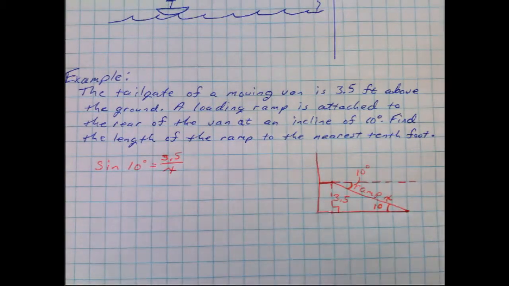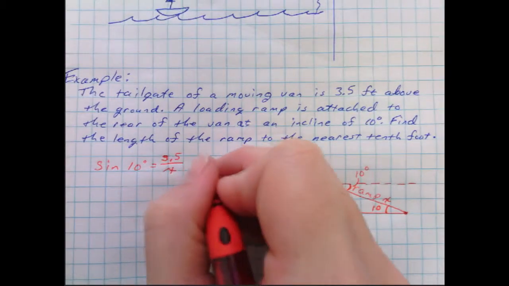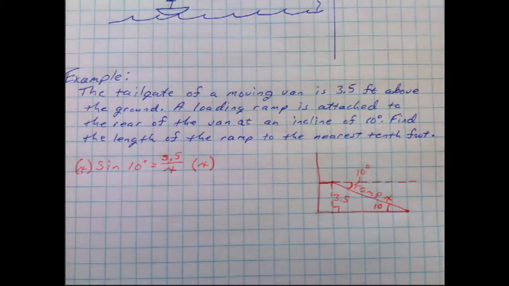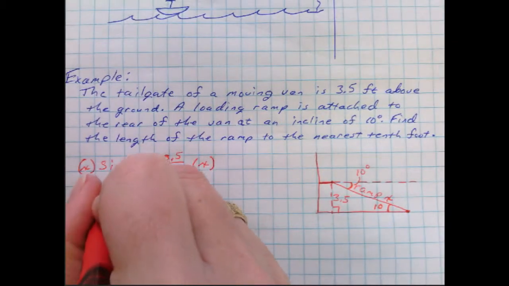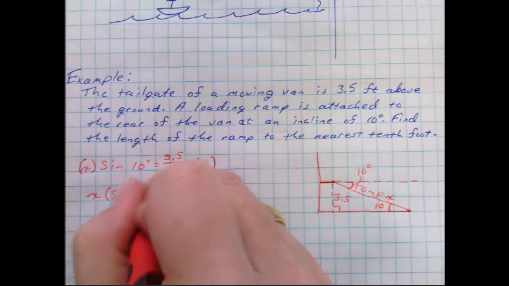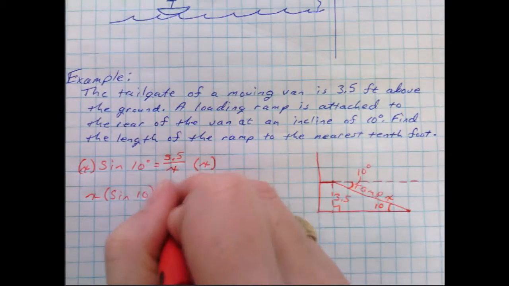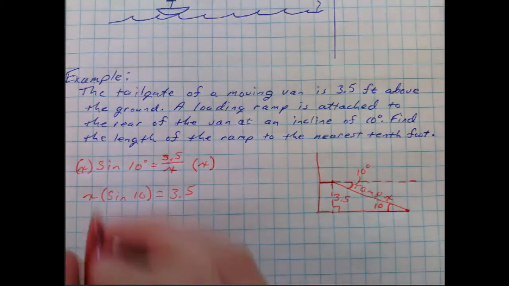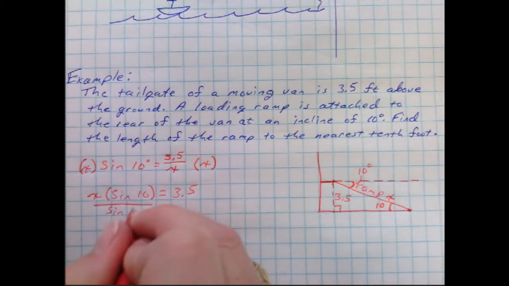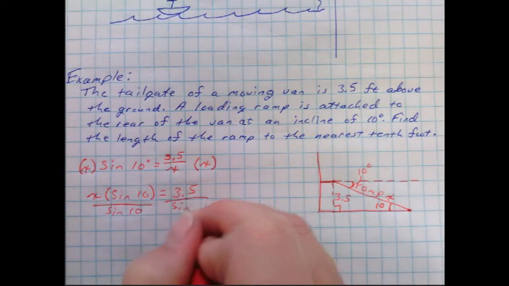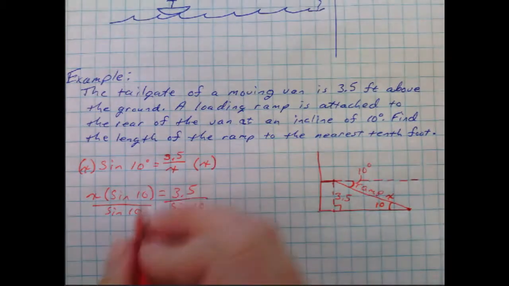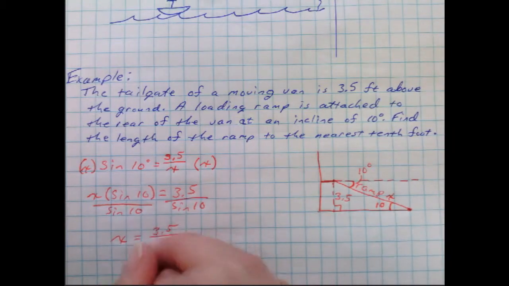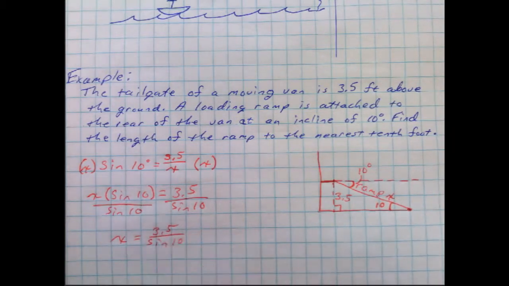So in order to solve for x, we've got to get rid of that x in the denominator, so we're going to multiply by x on both sides. We end up with x sine of 10 equals 3.5. We still need x by itself, so we're going to divide by sine of 10. So we end up with x equals 3.5 over sine of 10.